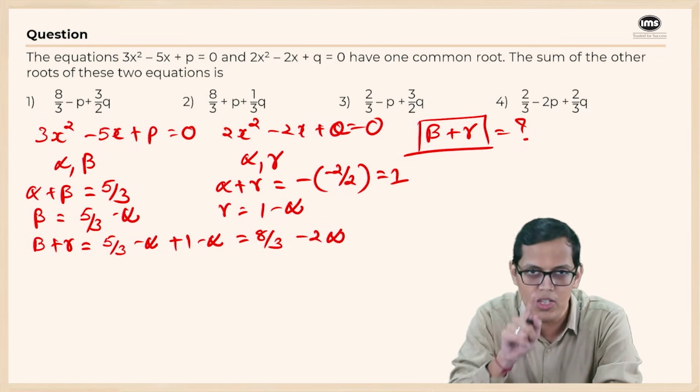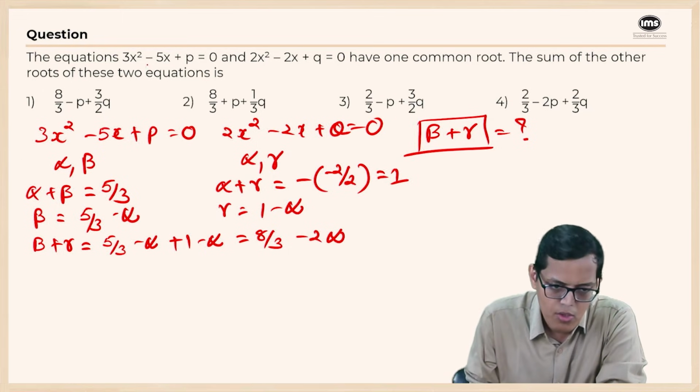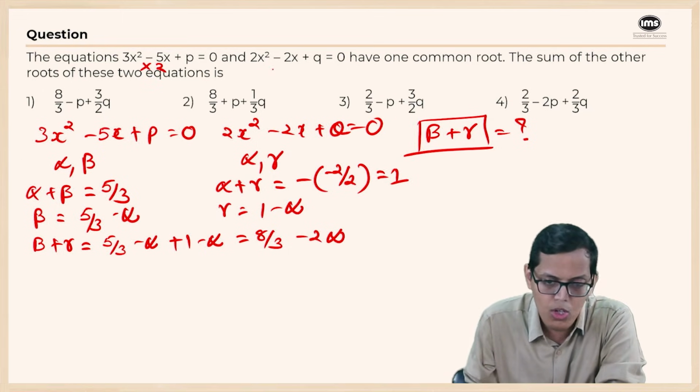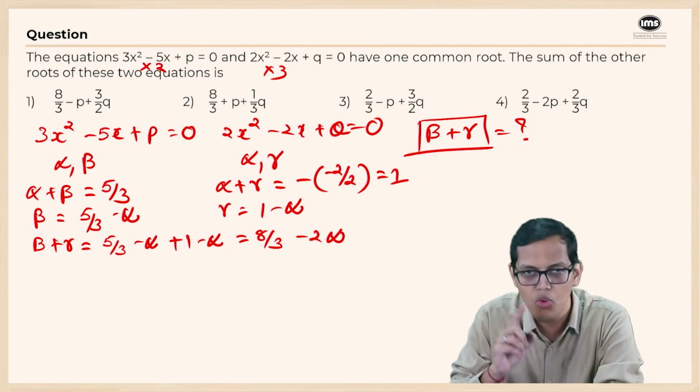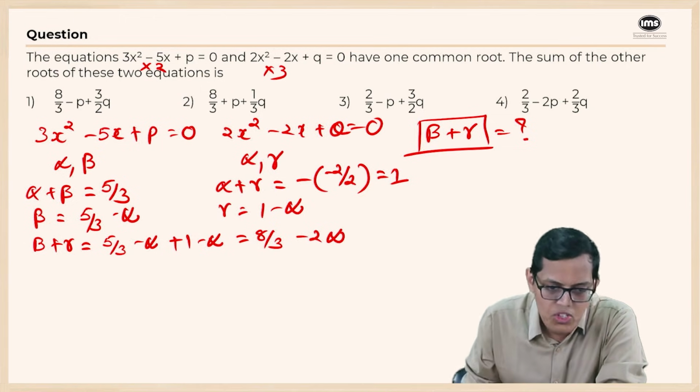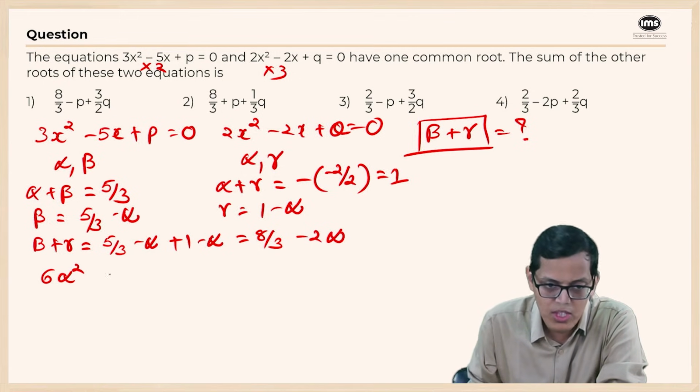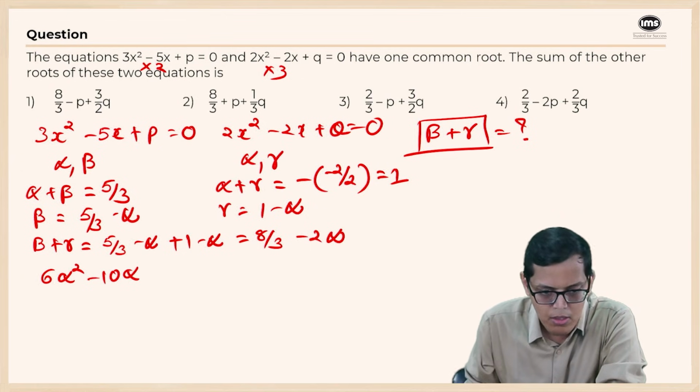Instead of writing like this, I'll try to make the first term equal. The first terms were 3 alpha² and 2 alpha². I recommend we double the first equation and triple the second equation to make the leading coefficient the same. The first equation can be rewritten as 6 alpha² − 10 alpha + 2p = 0.